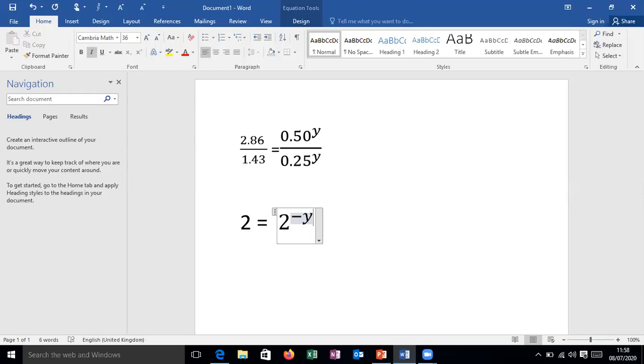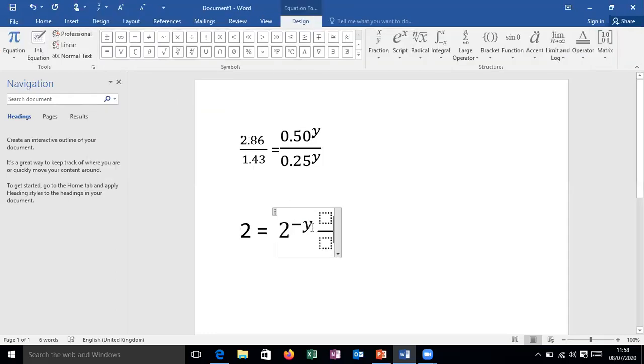So this one also times the y will give you 2 to the power negative y. Do you agree with that? Are you okay with that? Good. So it means this will become 2 to the power negative y, all over.